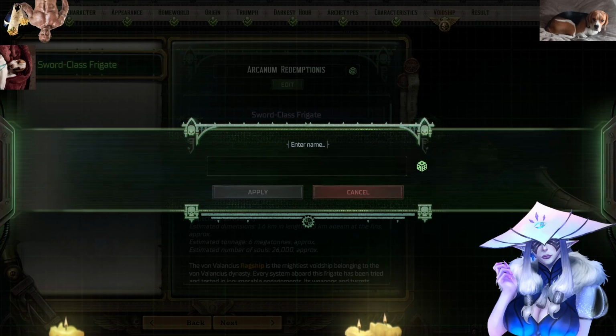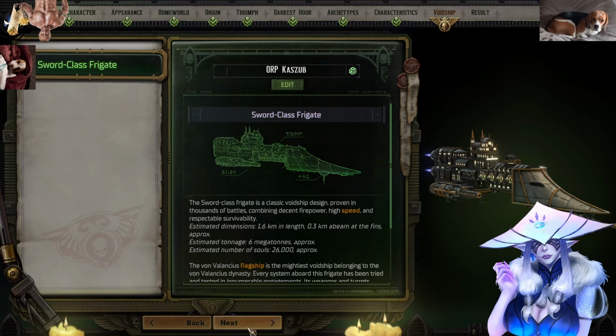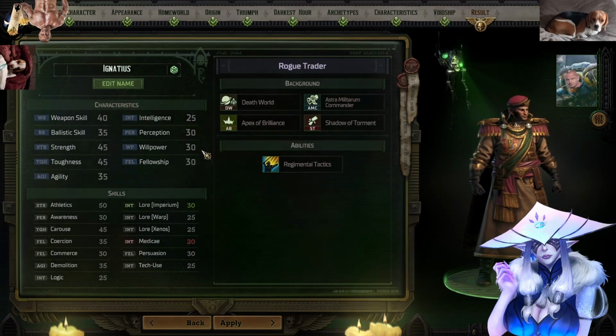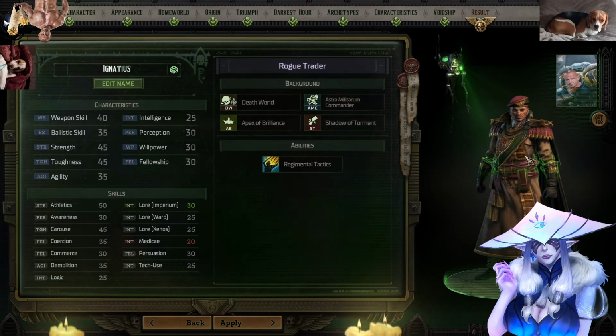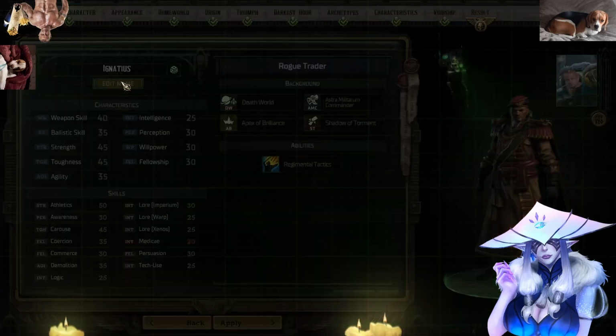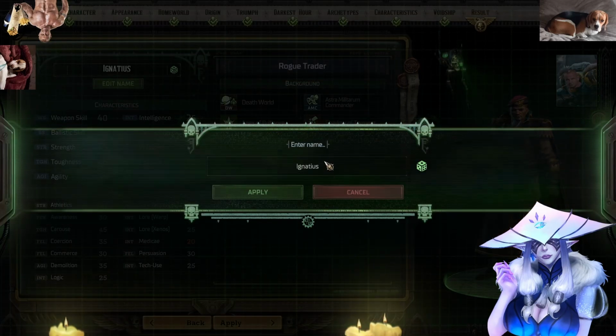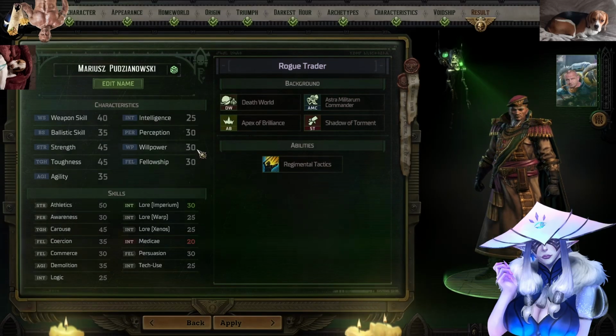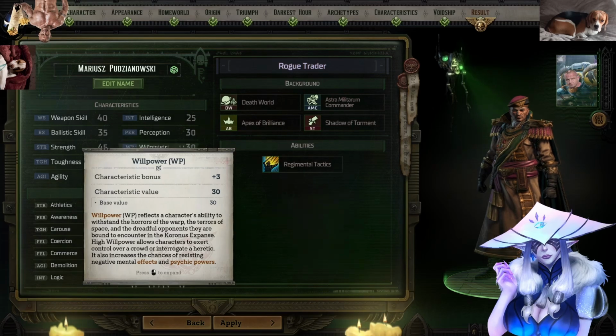They have a Project 620 Kaszub class, and it's a Polish one, so this is going to be the ORP Kaszub. There we go. Here we go, look at it. What edit name? No, that's Pudzian. Mariusz Pudzianowski. There we go. Also, I think I need to lower the game's volume just a tiny bit for me.